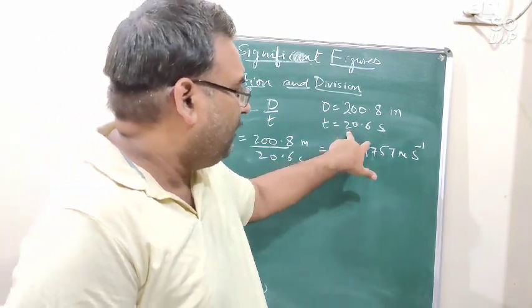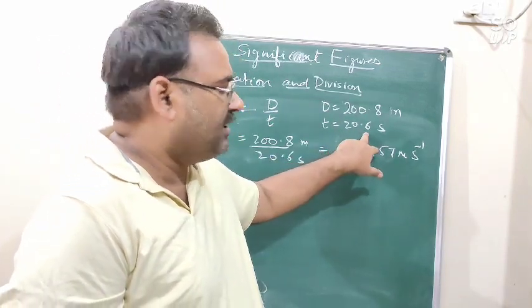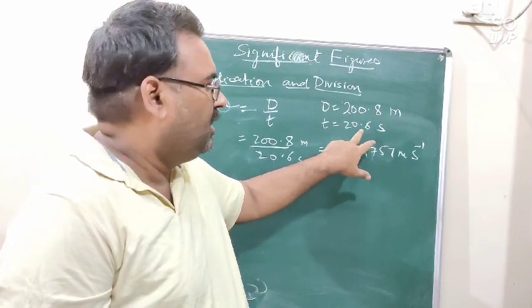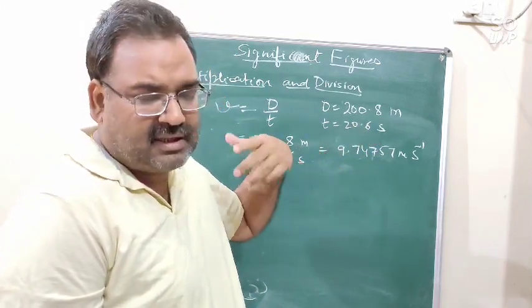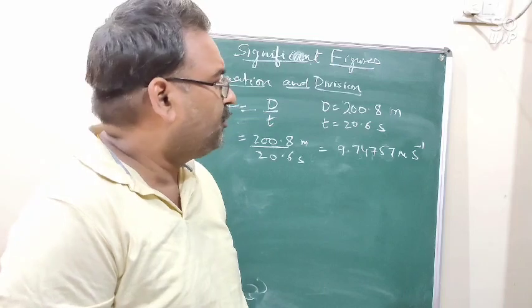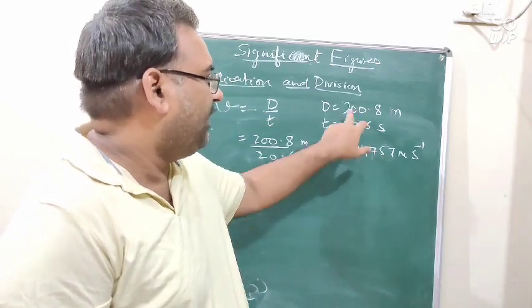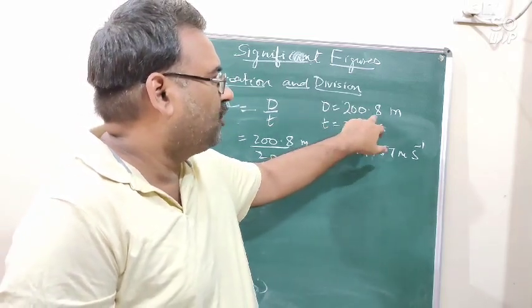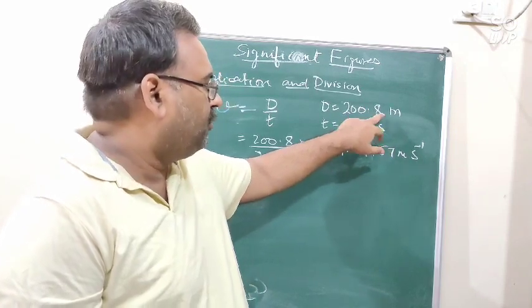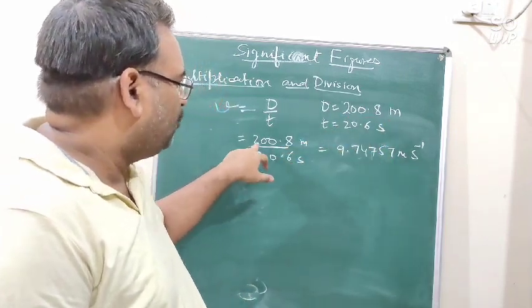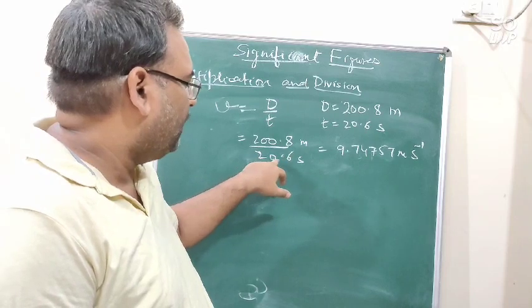Now we see here time has only 3 significant digits, 2, 0 and 6. The distance has 4 significant digits, 200.8. So we put these values, 200.8 upon 20.6.